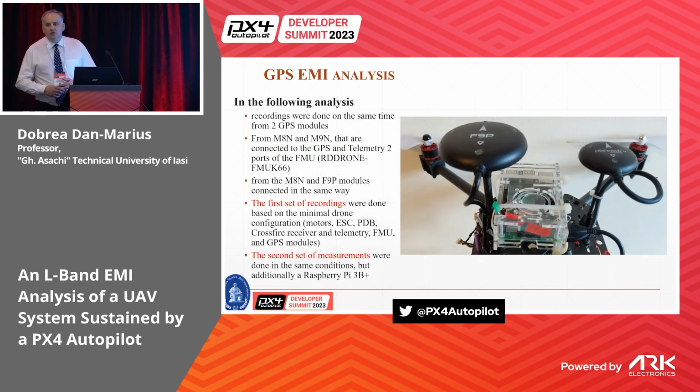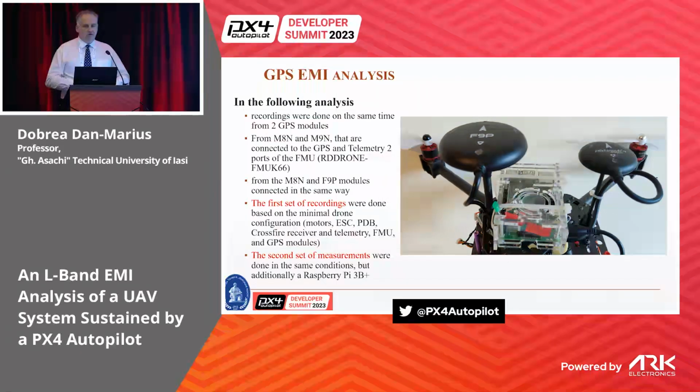And in order to get the same results from the same electromagnetic environments, in this analysis we took the data from both GPS receivers, and moreover in two different conditions.